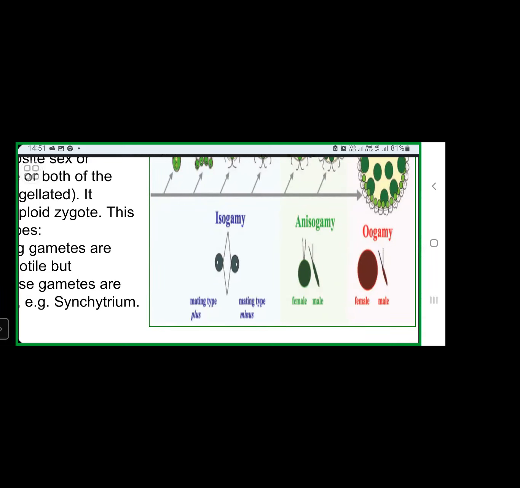The male gamete is small in size, the female gamete is large in size. Both are motile in nature. Fusion between such two gametes is called anisogamy type of fusion.